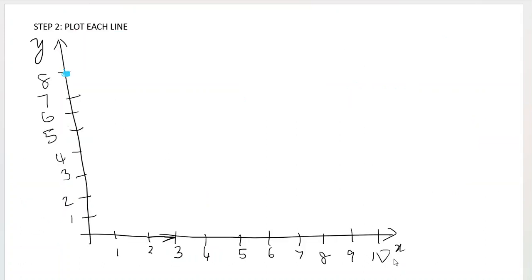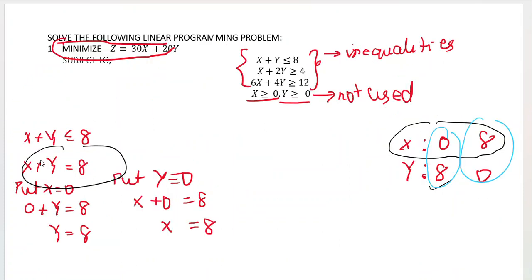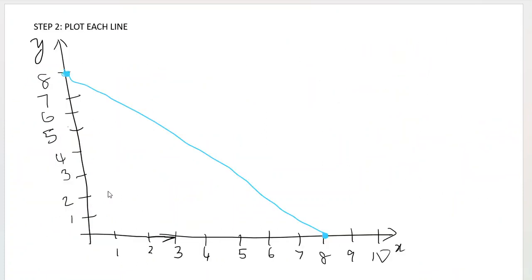So when x is 8, the point is here. We join these 2 points by a straight line, and we name the line by its equation. The equation of this is x plus y equal to 8.